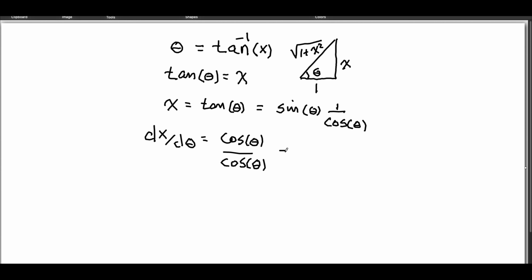and minus sine theta times cosine minus 2 theta times minus sine theta.